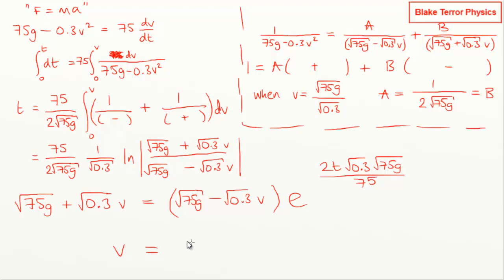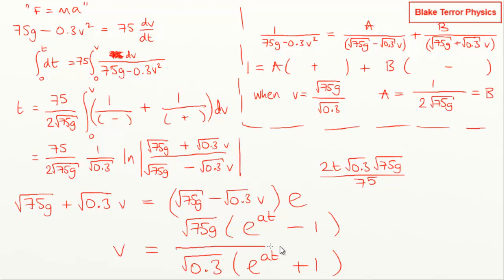So v, the last bit of rearranging, we've got the 75g's at the top, we've got the 0.3's at the bottom, and then we've got these two big, so e to the, well, I'm going to call it a, I think, at -1, and then e to the at +1, where a equals 2 root 75g root 0.3 divided by 75.